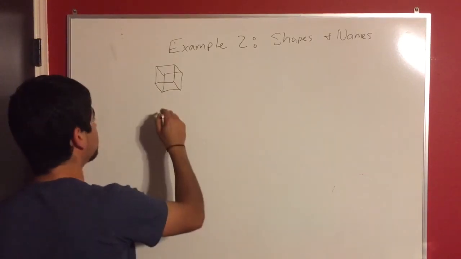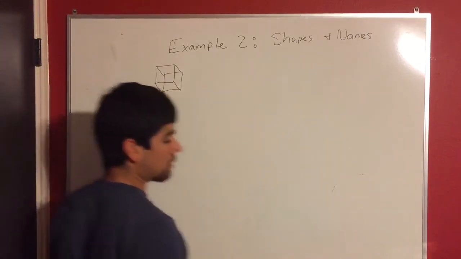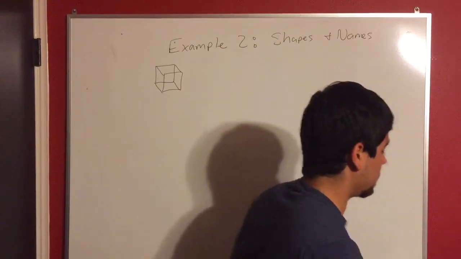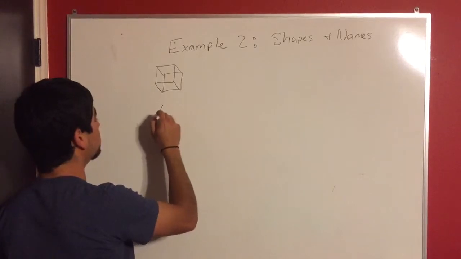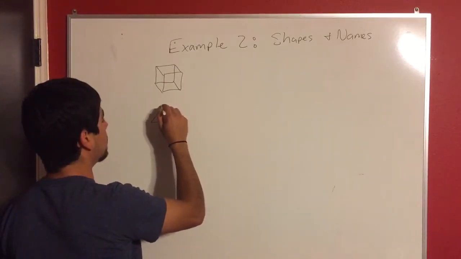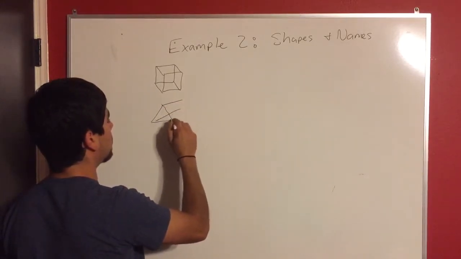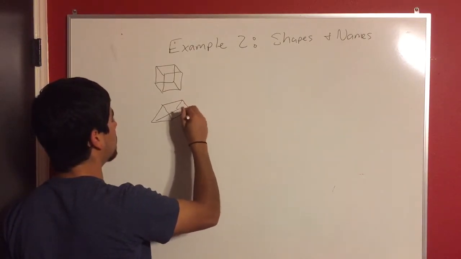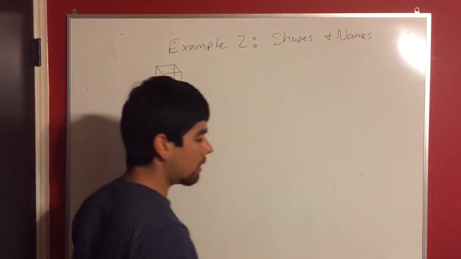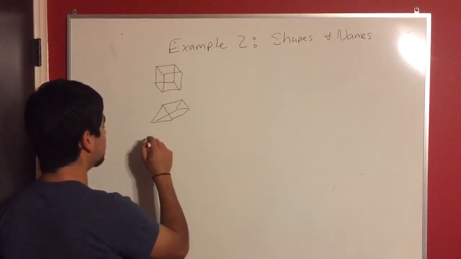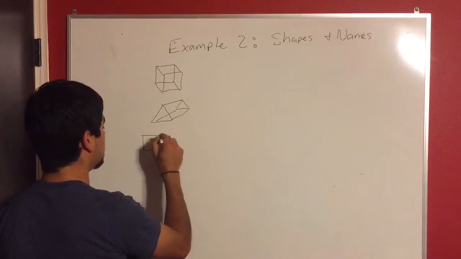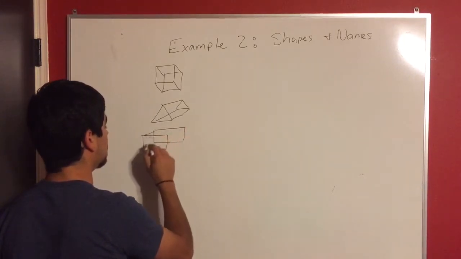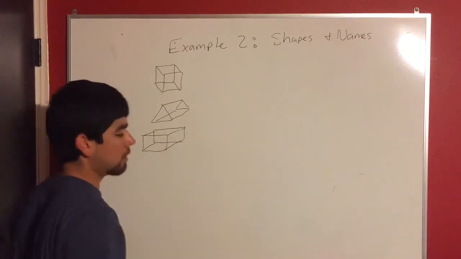Shape number 2 is a triangular prism. Shape number 3 is a rectangular prism, which is almost like a cube. It's just in the shape of a rectangle.